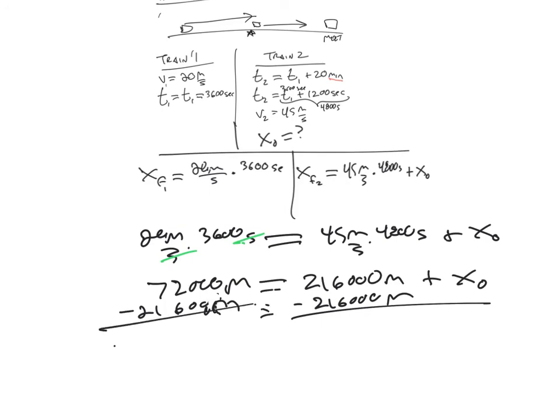So when you do this, 72,000 minus 216,000. This is weird. I get negative 144,000 meters equals XO. Does that make sense?